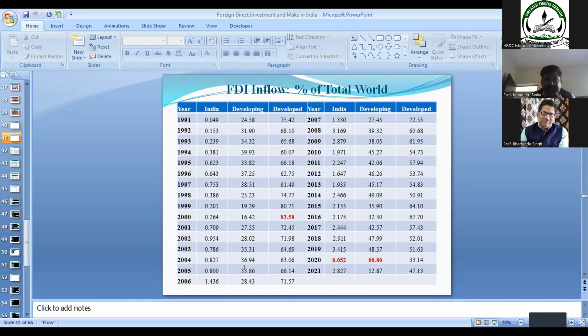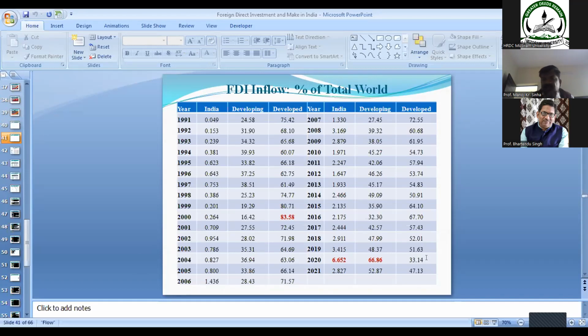And we can see after 1991, FDI inflow in India consistently increased over a period of time. In 2000, during the liberalized and globalized period, more than 83% of FDI was concentrated in developed countries. It declined to 33% in 2020.